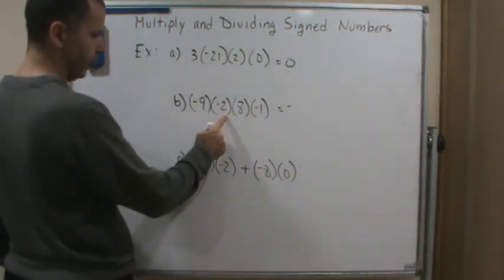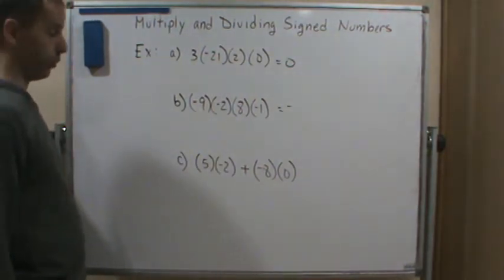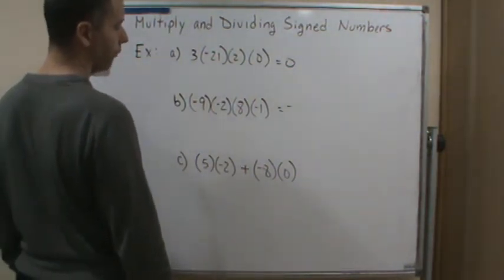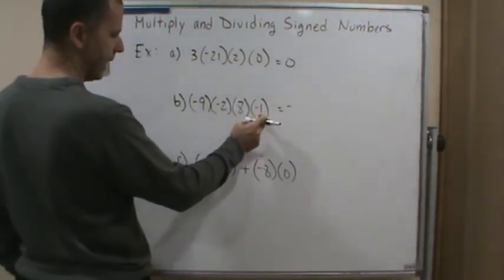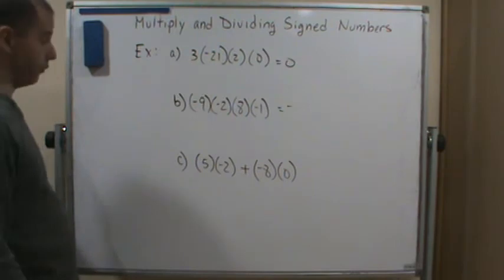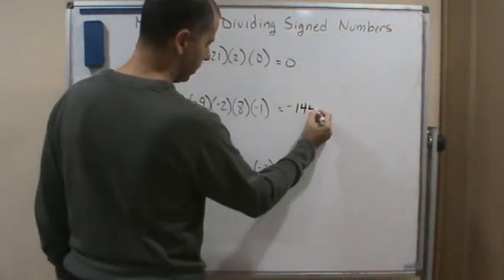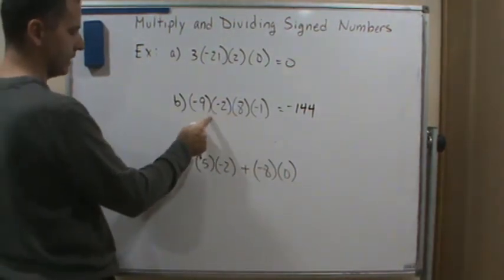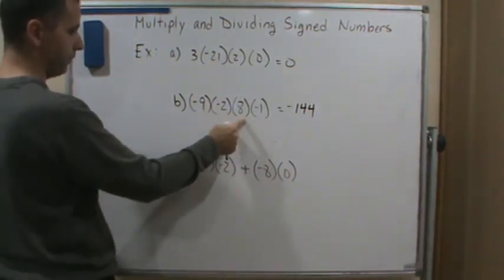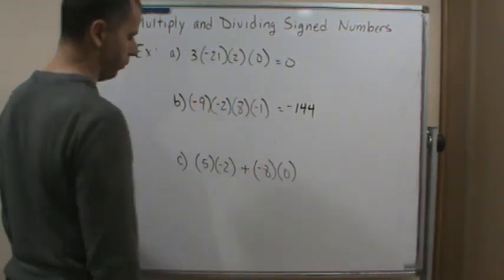And then 18 times 8 is 144. Times 1 is still 144, but it's negative. So let me go back: 8 times 18 is 80 plus 64, which is 144. Yeah, so it is negative 144.